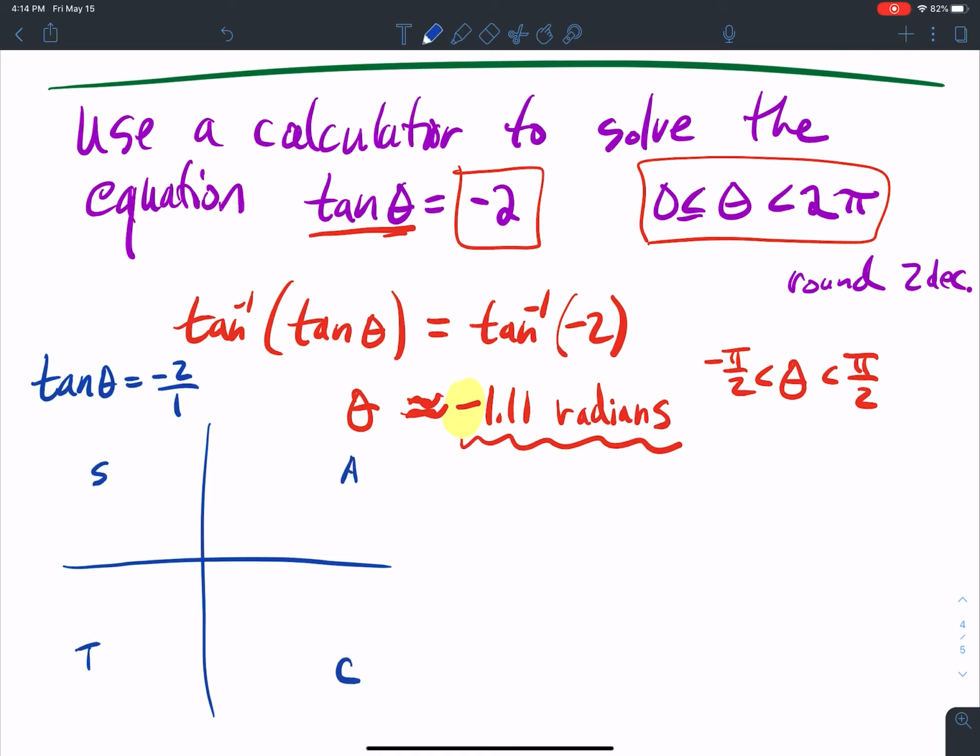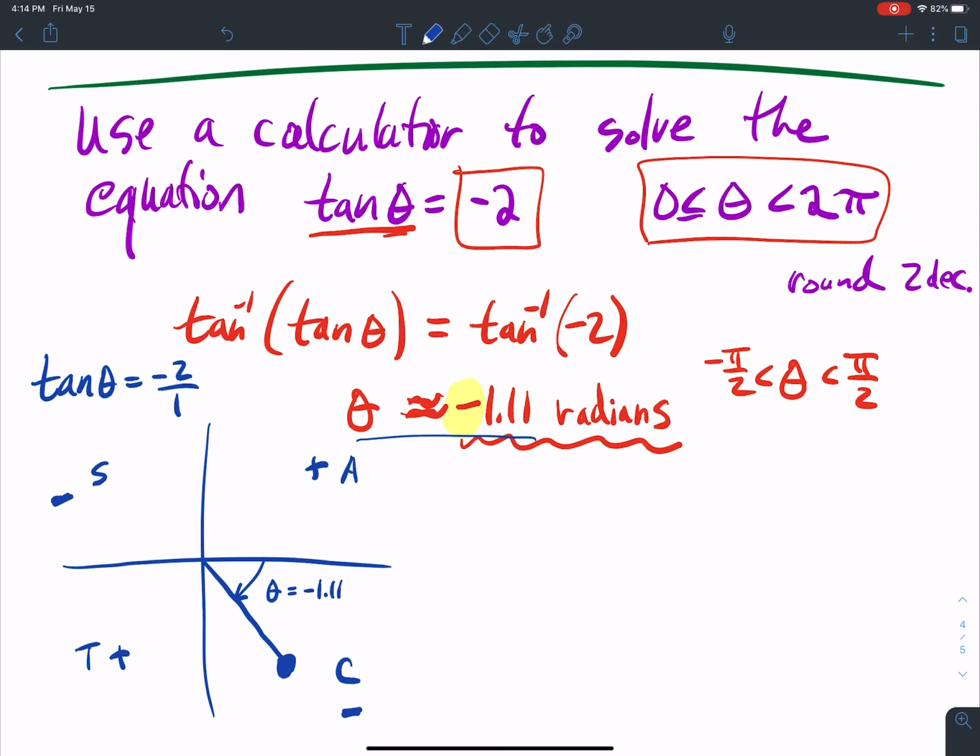So that means that tangent is positive here and it's positive here. So it's negative down here and it's negative here. Now, theta equal to -1.1 rotates about like this. Theta equal -1.11.